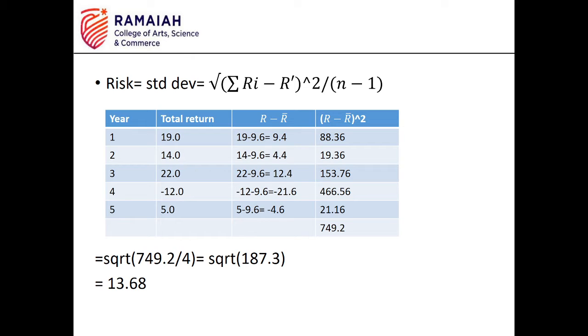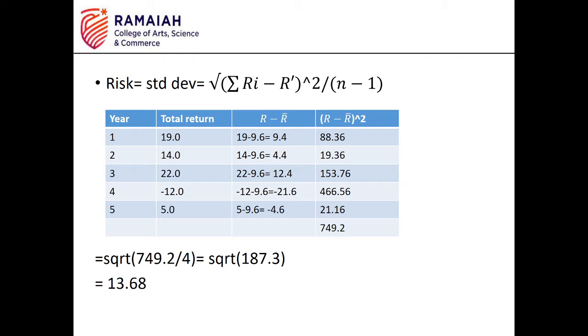I was unable to write the formula in a PPT, but please take it down. It is nothing but square root of summation Ri, that is returns earned, minus R dash, that is nothing but the arithmetic mean what you would have calculated, whole to the power of 2, divided by n minus 1.